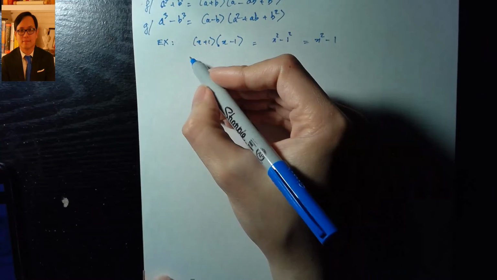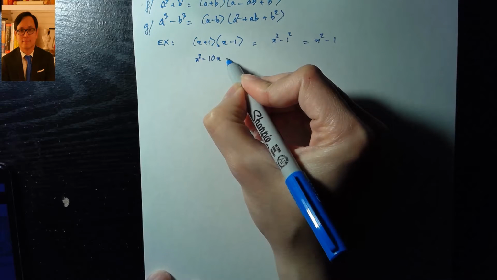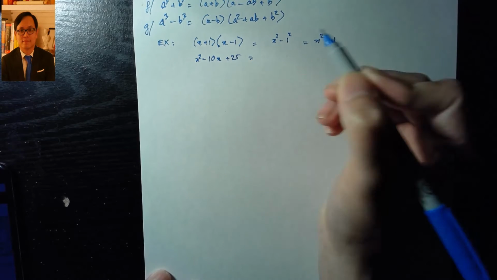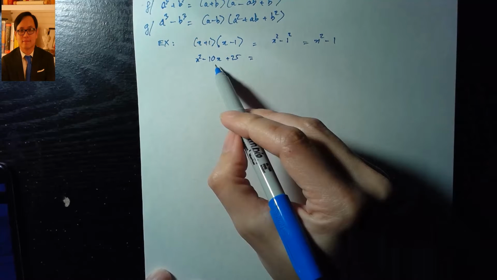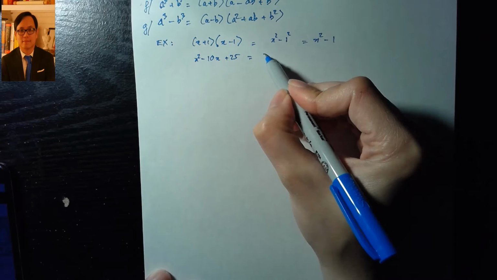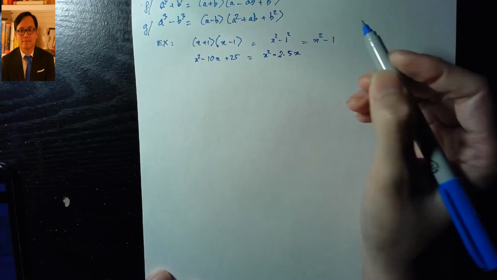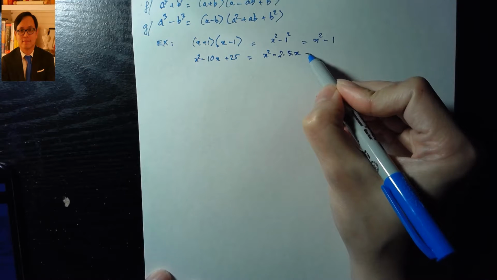Or if you have something like x squared minus 10x plus 25, you see that the middle term I can write as negative 2 times x times 5, and the last term 25 I can write as 5 squared, right?